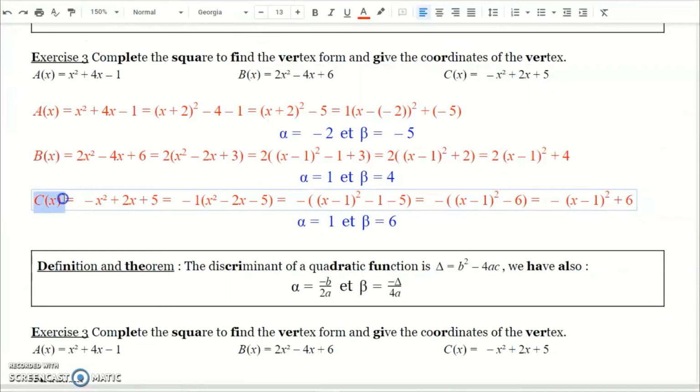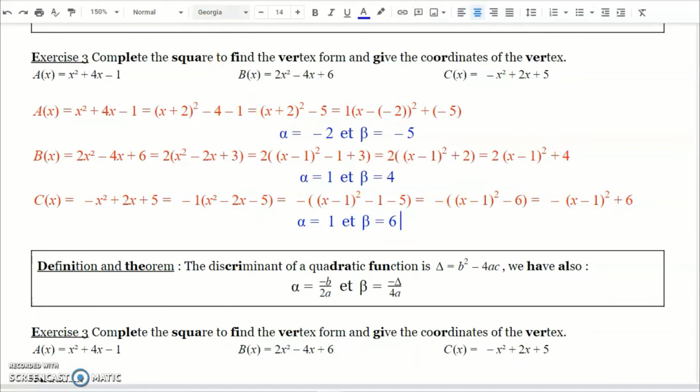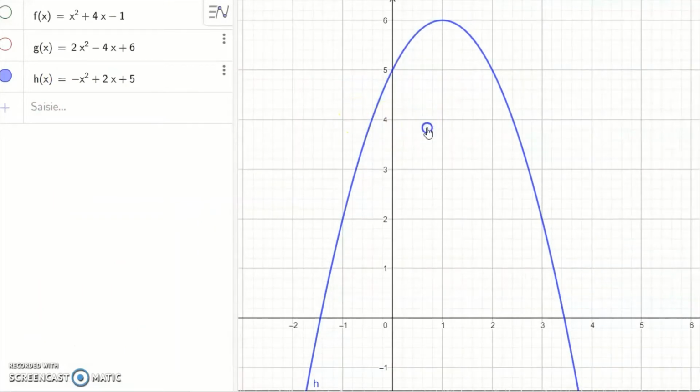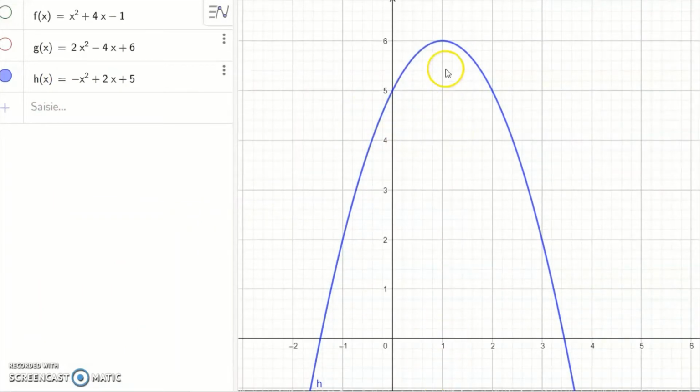The last one, c(x), we found that this is minus (x - 1) squared plus 6. So alpha is equal to 1 and beta is equal to 6. On the graph we can see that alpha is equal to 1 and beta is equal to 6.